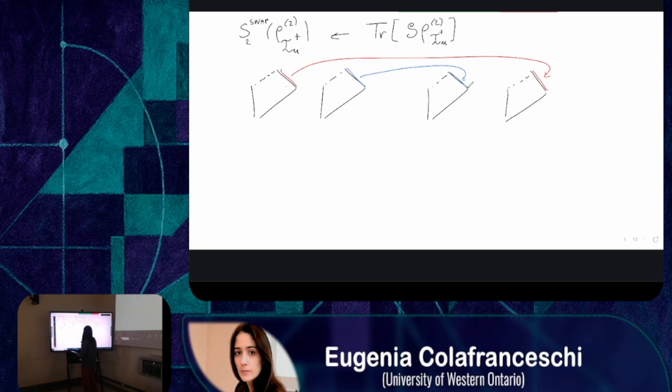And these are the boundary conditions to compute this. And then once more, with the path integral, I sum over all possibilities in the interiors.